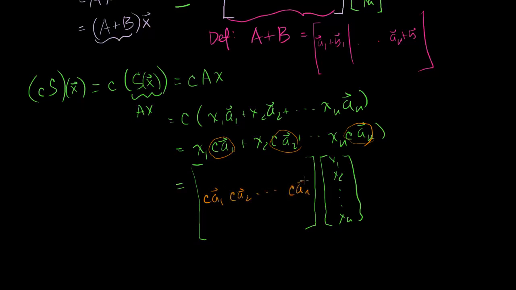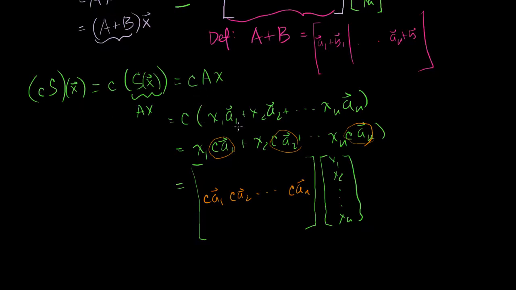Now, why did I go through this exercise? Well, wouldn't it be nice? I already said that by definition, a scalar multiple of a transformation is equal to the scalar times the transformation of any vector that you input into it. And of course, that is equal to c times Ax.